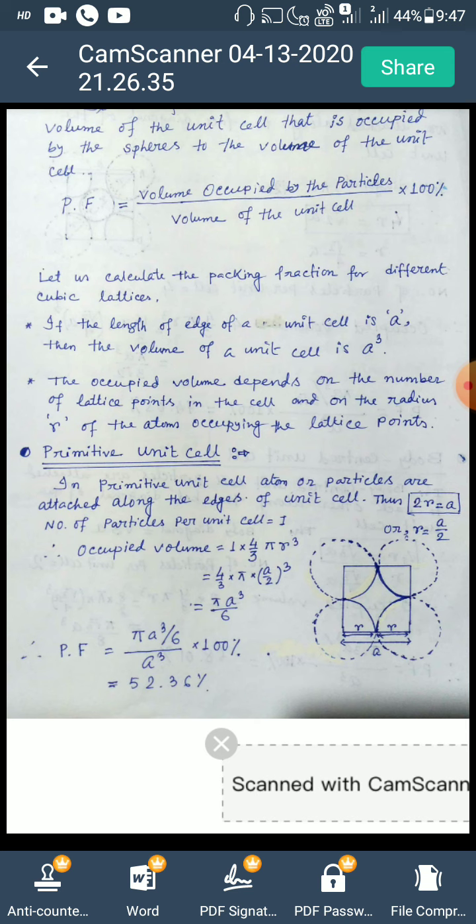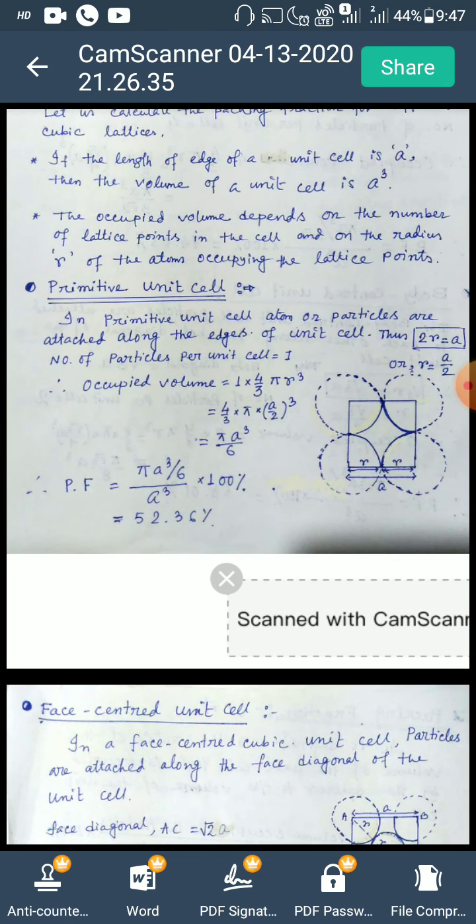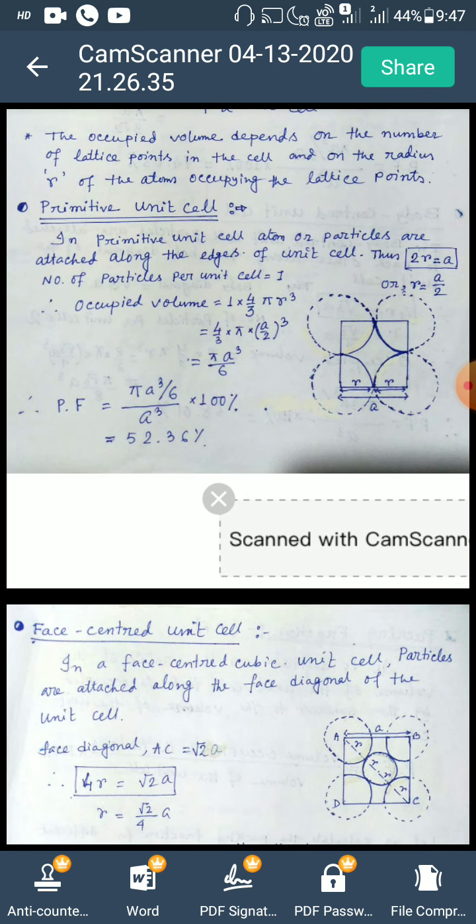So the volume of the unit cell will be a cube, we know that, and we have to calculate the volume occupied by the particles. Before calculating the volume occupied by the particles, you have to know how the particles in the primitive unit cell are attached. In the primitive unit cell, atoms or particles are attached along the edges. You have to remember this point.